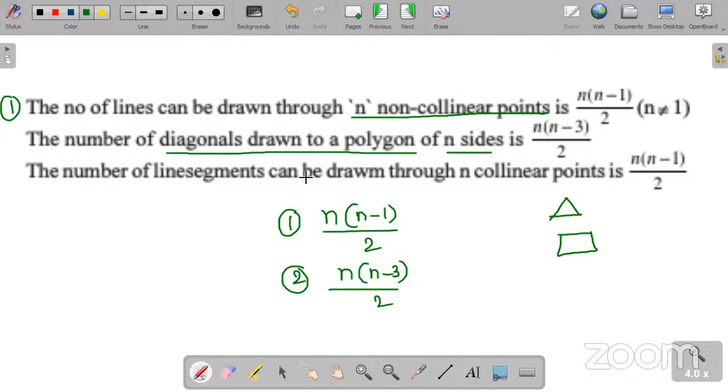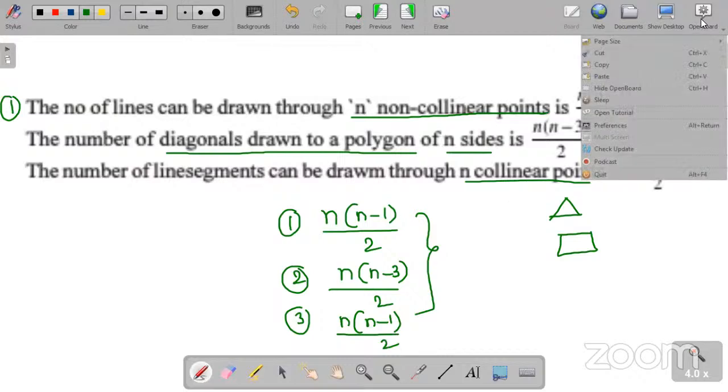The number of line segments that can be drawn through n collinear points, also the same formula, n into n minus 1 by 2. You remember this formula. These formulae are very, very important.